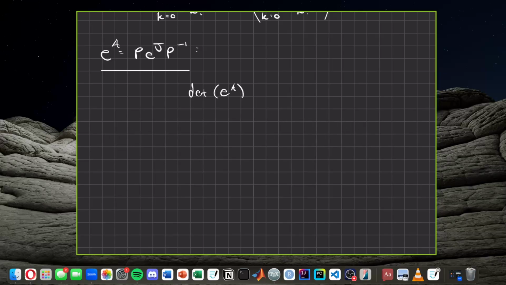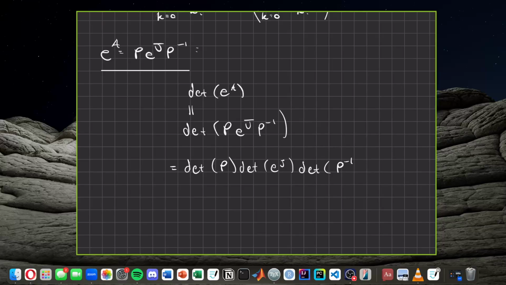And so we're going to use this for the fact that e to the A is P e to the J P inverse. So this becomes the determinant of P e to the J P inverse, which is the same as the determinant of P times the determinant of e to the J times the determinant of P inverse.